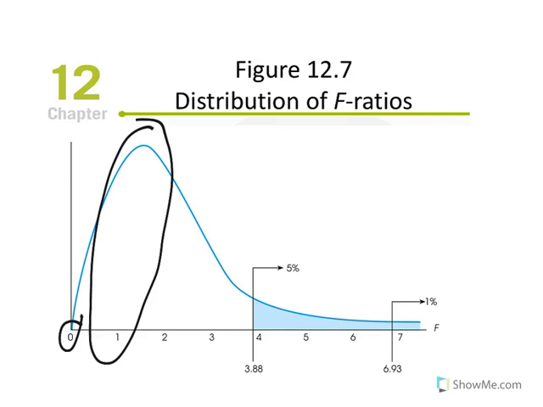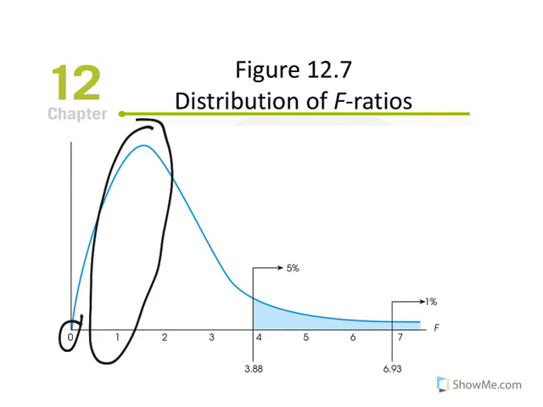In general, the variance for a large sample, large DF, provides a more accurate estimate of the population variance. Because the precision of the MS values depends on DF, the shape of the F distribution also depends on the DF values for the numerator and denominator of the F ratio.